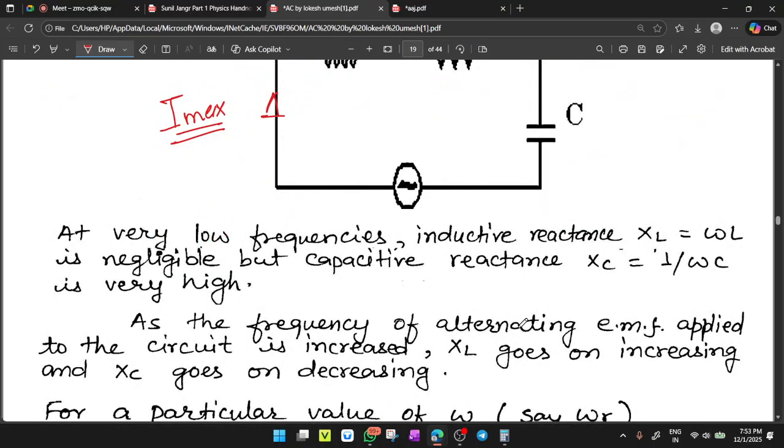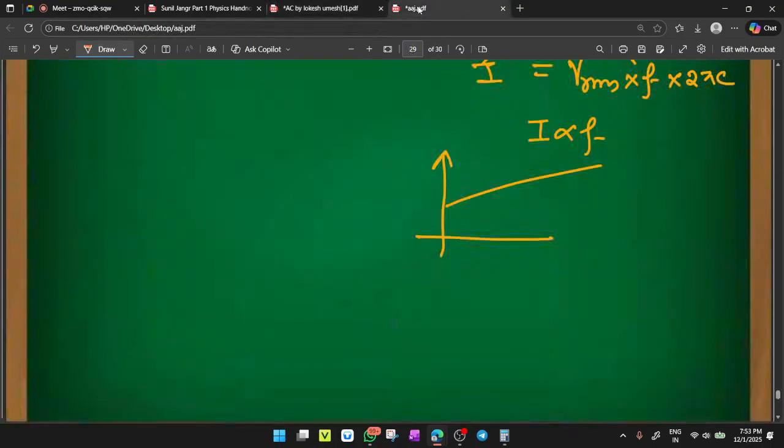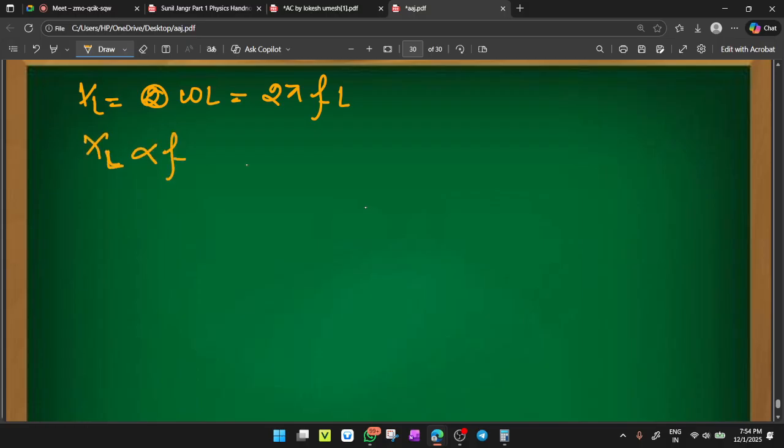You know, if I make the graph for XL and XC, check here the graph of XL. The formula for XL equals omega L, which equals 2 pi F L. It means inductive reactance is directly proportional to frequency.